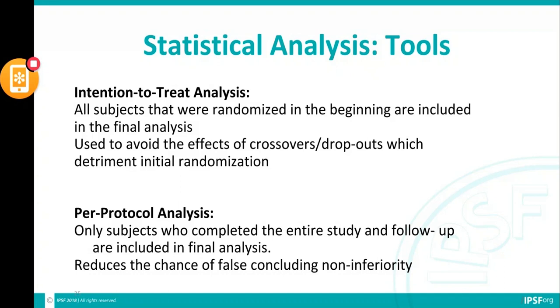But on the other hand, a per protocol analysis only analyzes subjects who completed the entire study and follow-up. And only those patients are the ones included in the final analysis. So while this does reduce the chance of falsely concluding non-inferiority, it goes back to that first point.